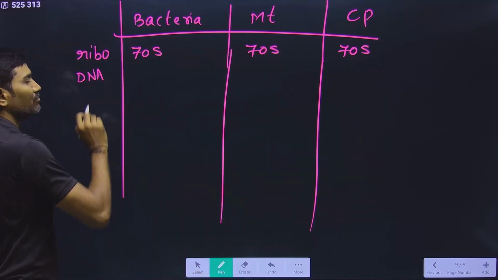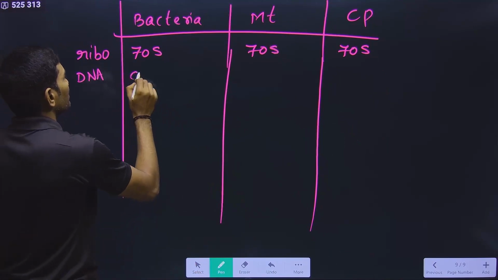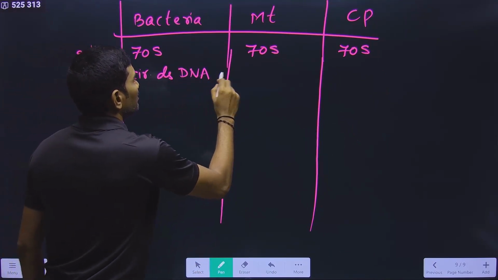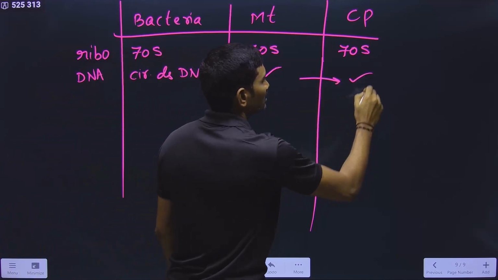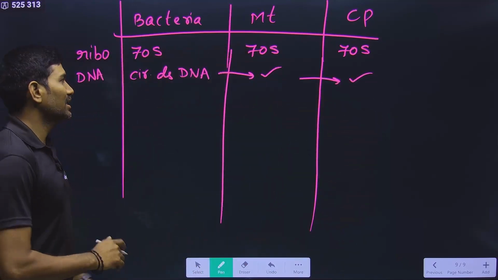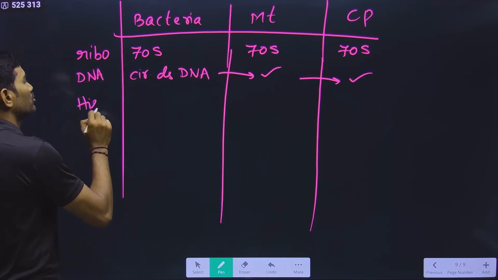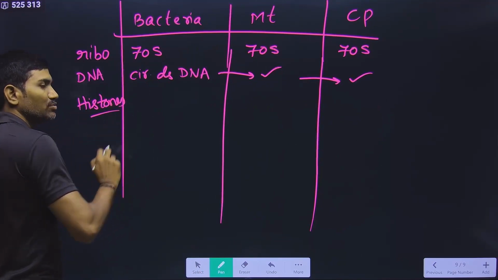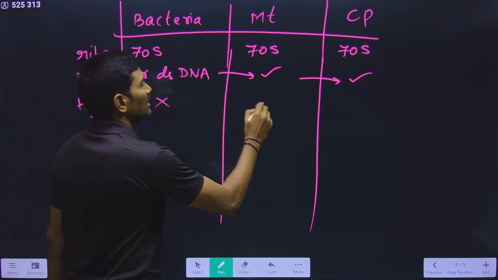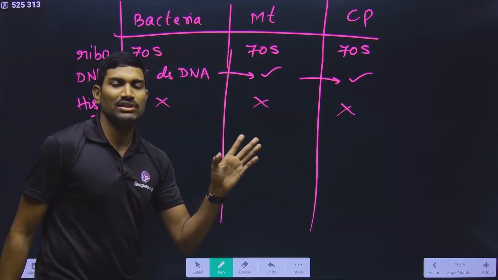Regarding the DNA, here it is circular double stranded DNA. Here also the same, here also the same. Yes or no? In all of these, circular double stranded DNA is present. But is the DNA associated with histones? No. Histones are not present here, not here, not here also.